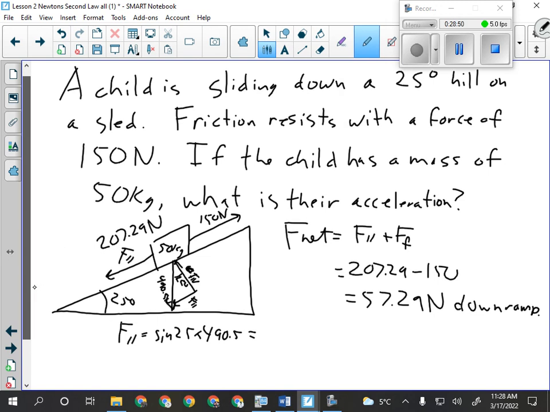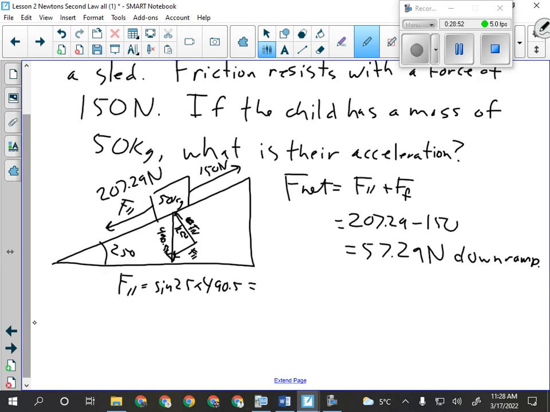Can I calculate her acceleration now? Okay, goes right back. We're always doing these two steps, right? Did sum of all forces. That was all that work. Now I'm doing m times a, so 57.29 divided by 50 kilograms, just over 1.1.